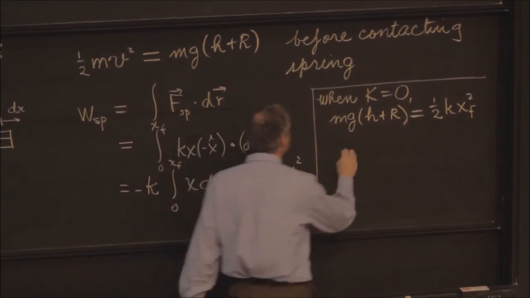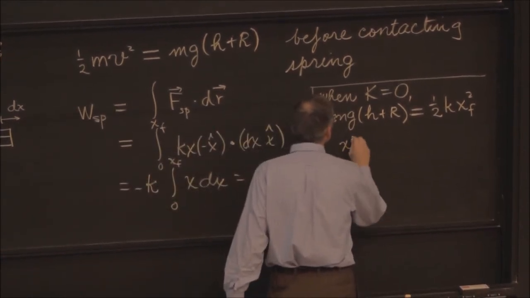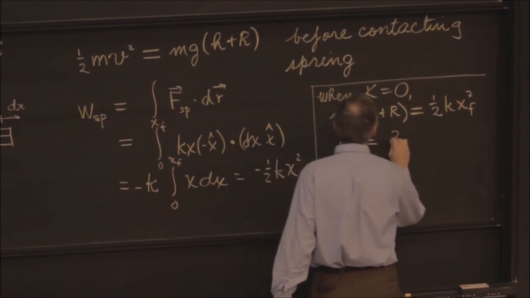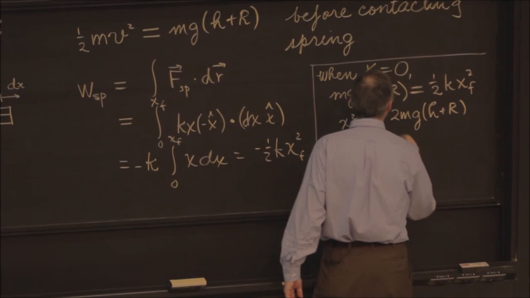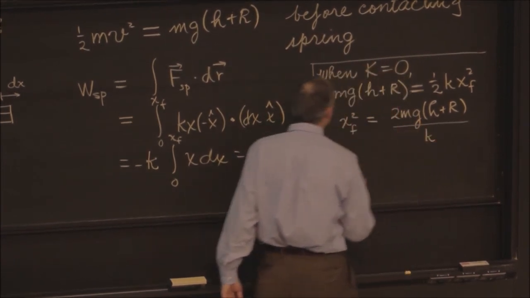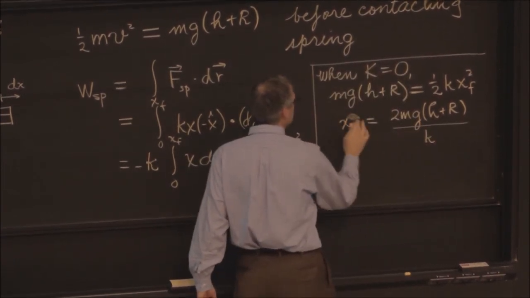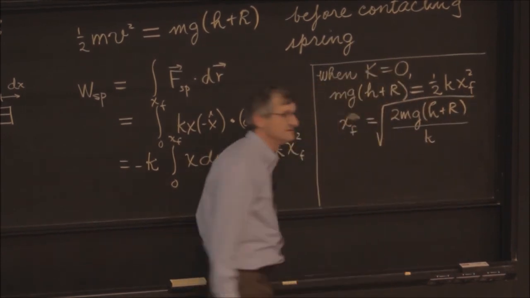So x final squared would be 2mg(h plus r) divided by k, and then do eraser physics and just put the square root.